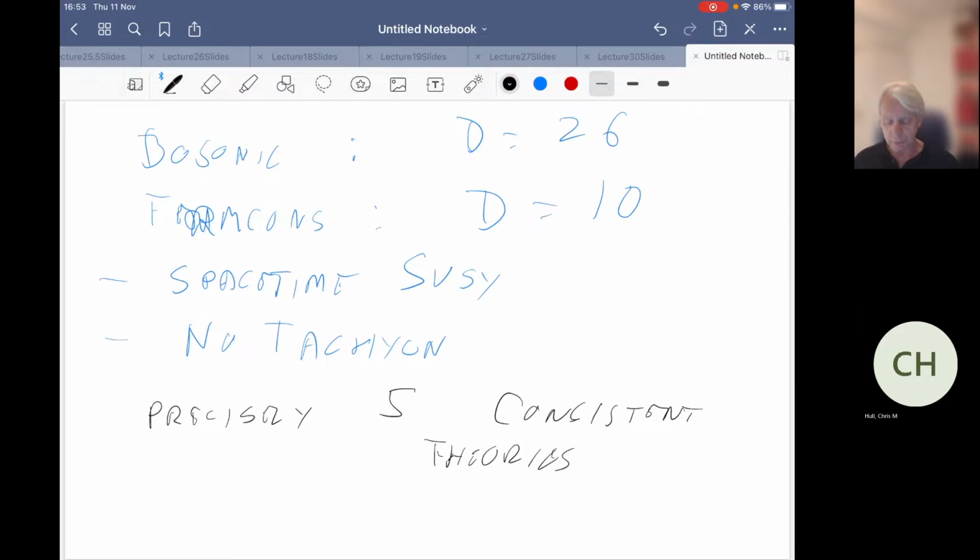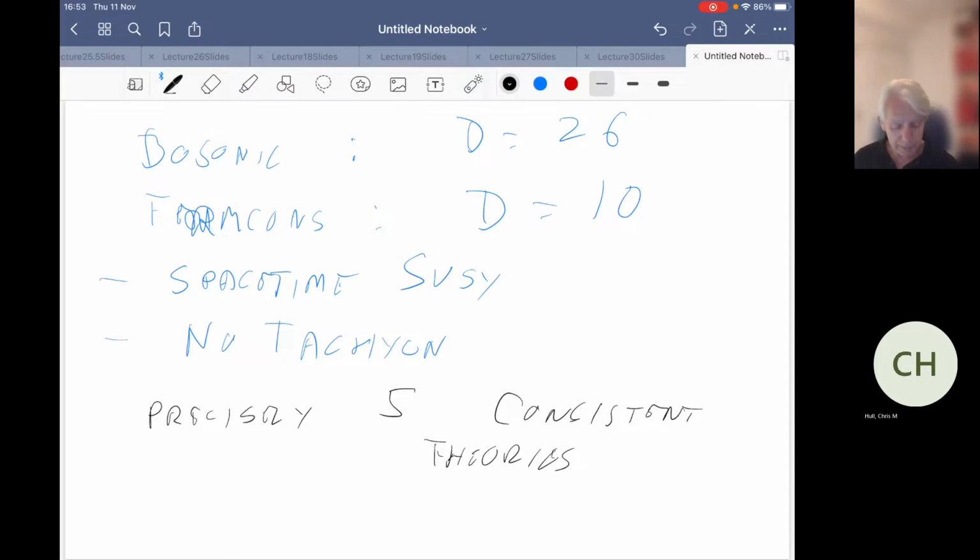They've got different kinds of fermions introduced into them, but nonetheless, each of them appears to define a consistent quantum theory, which gives ultraviolet finite amplitudes. And in particular, these are quantum theories which include gravity, so each of these gives a candidate for a consistent quantum theory of gravity.